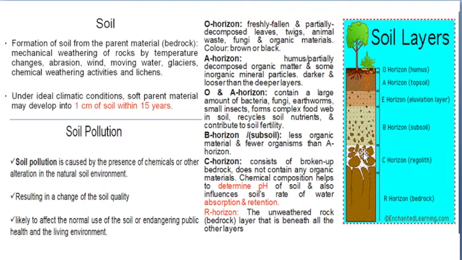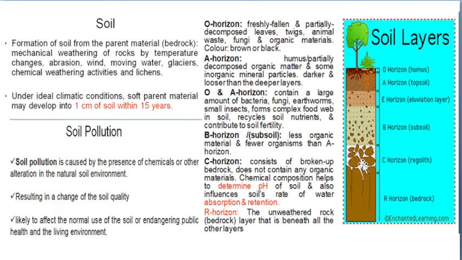From these bedrocks, the R horizon, gradually due to chemical weathering, different chemical factors and physical factors, for example sunlight and gradual rainfall, it starts to disintegrate, and after disintegration it is broken into smaller pieces.